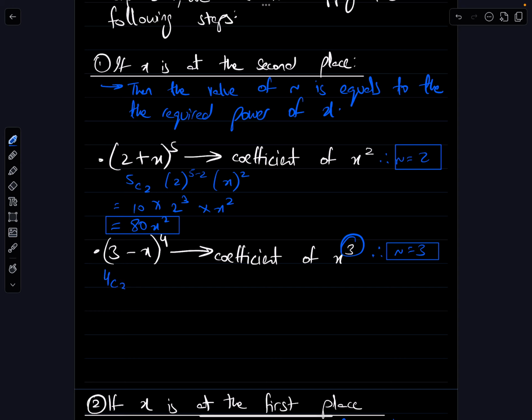I was just distracted. And 3 to the power 4 minus 3, so minus x to the power 3. 4C3 is 4, and 3 to the power 1, and this is minus x cubed. This turns out to be minus 12x cubed.